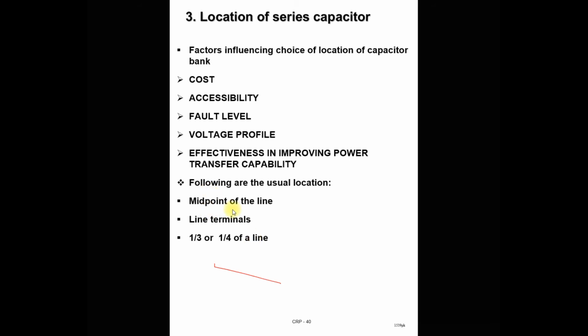Connecting the capacitor at the midpoint location of the line provides an advantage for the relaying requirements, because the relaying scheme is less complicated if you put the capacitor in series with the line at the middle of the transmission line.